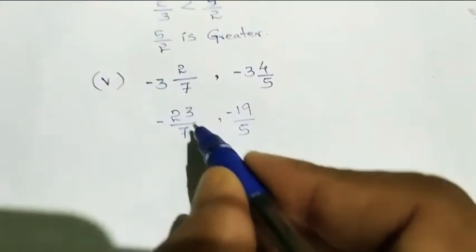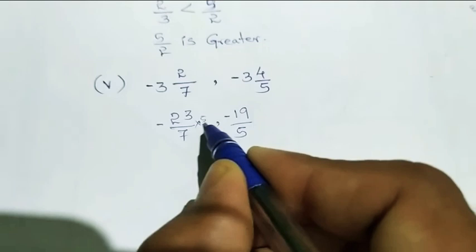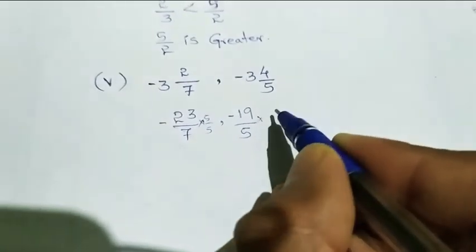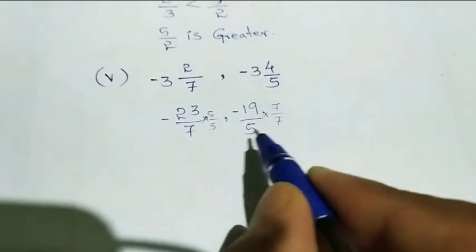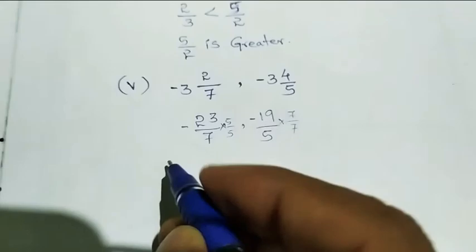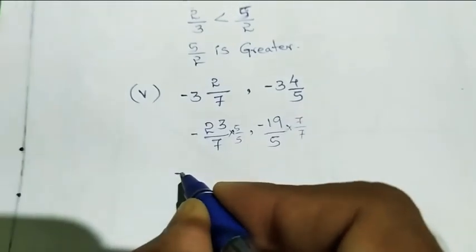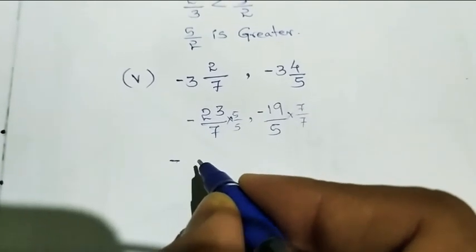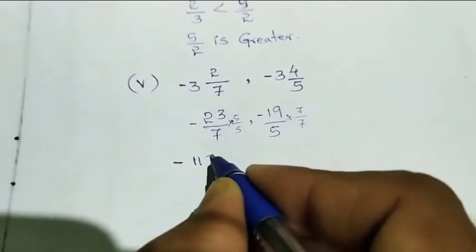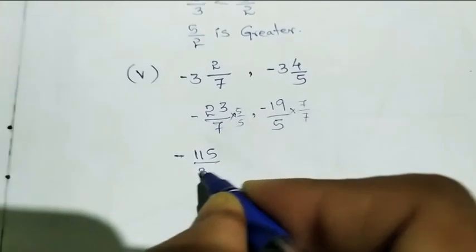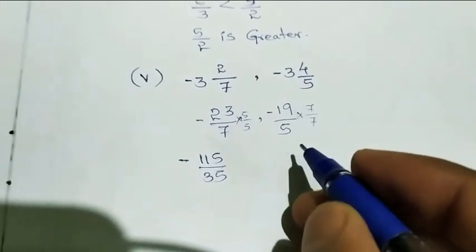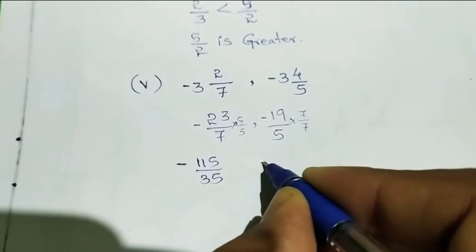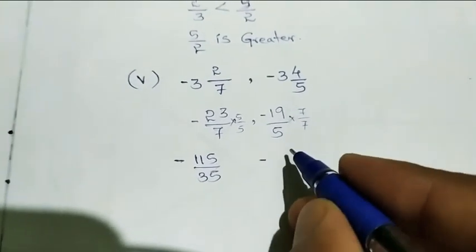Okay, so here multiply with 5 by 5, and here also multiply with 7 by 7 to make the denominator same. So 5 into 23, how much will you get here? It will be 115 by 35, and here 7 into 19, how much will we get? That will be 133.